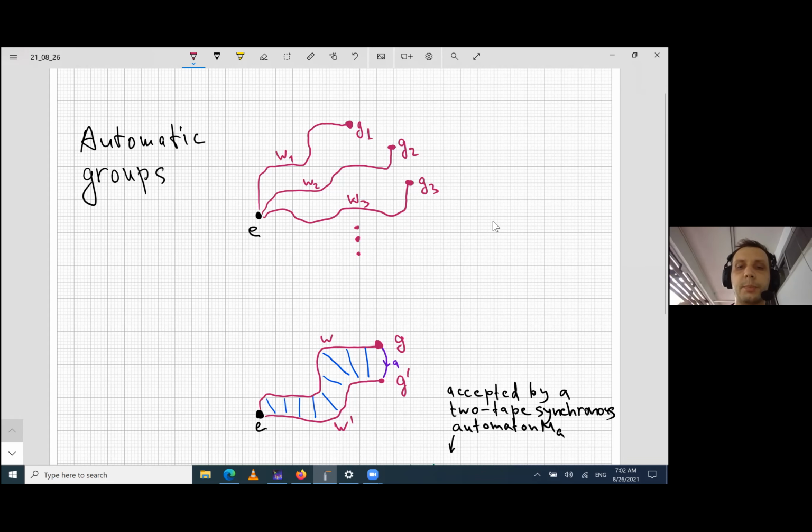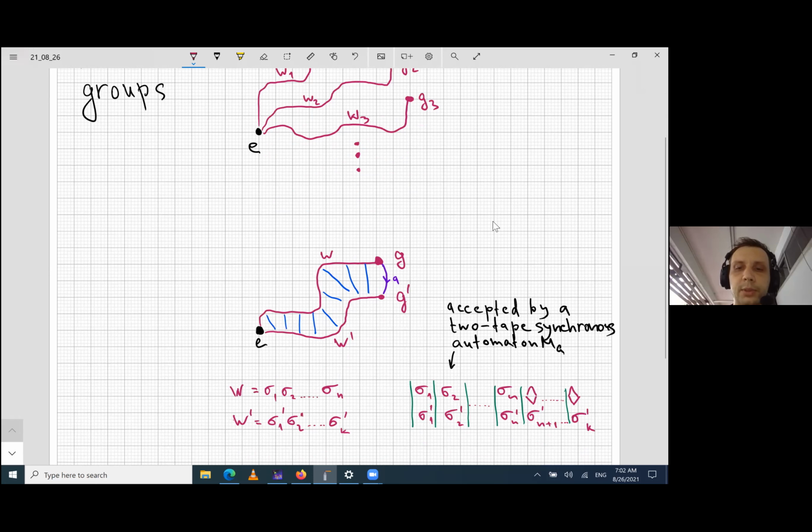Now suppose that you have two group elements that are neighboring vertices in a Cayley graph. Then you have two paths, W and W prime. If you write W and W prime one under another, then the pair should be recognized by a two-tape synchronous automaton for every single generator in a generating set.